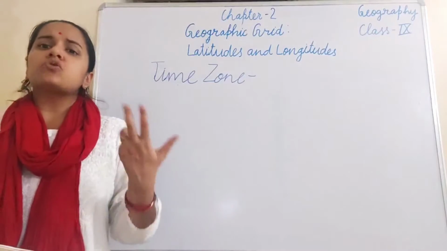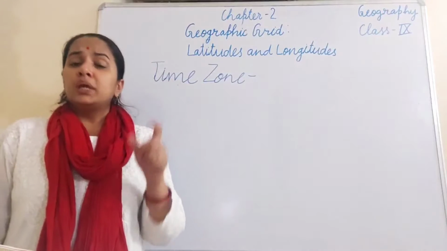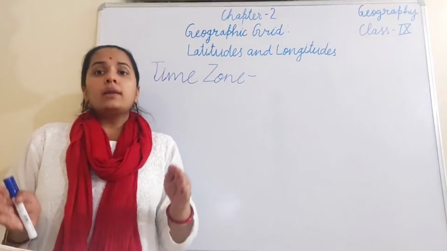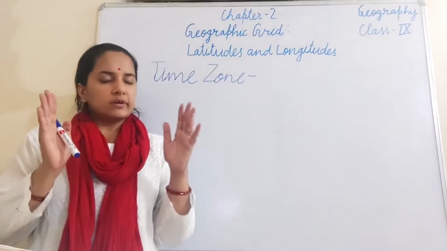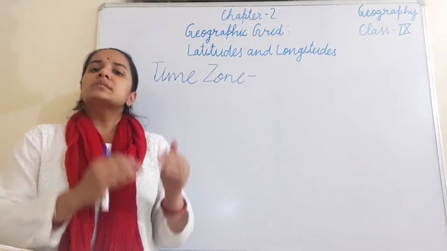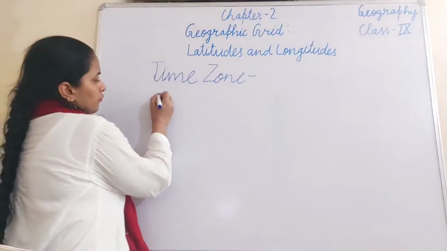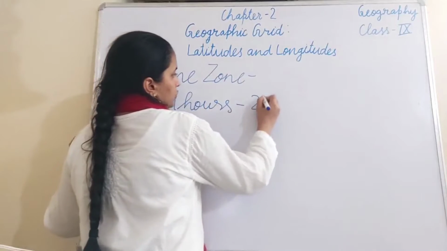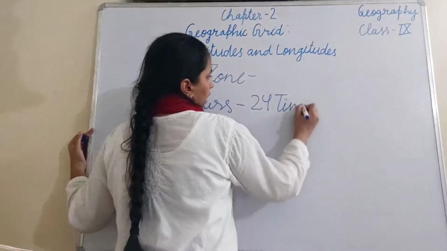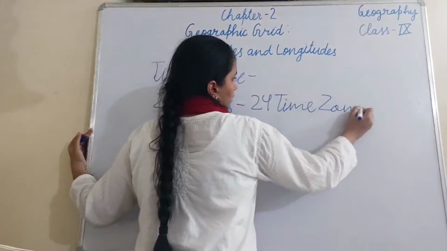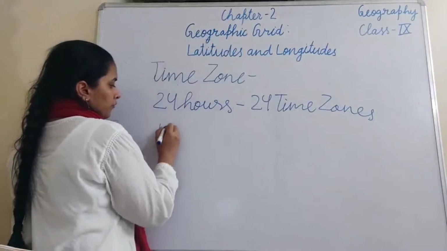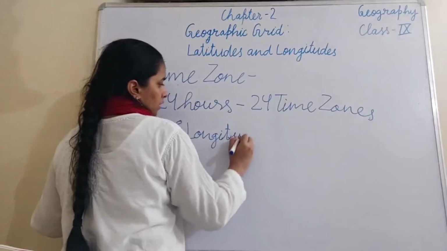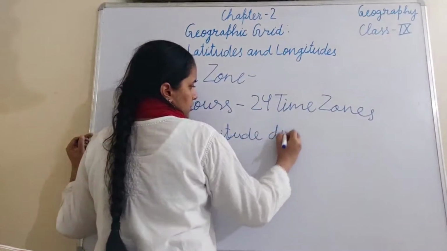And on the basis of these time zones, we have the standard time. All the places which come under one time zone. So for 24 hours, we have 24 time zones, with a 15-degree longitude difference for each.